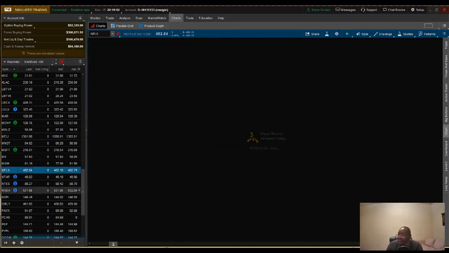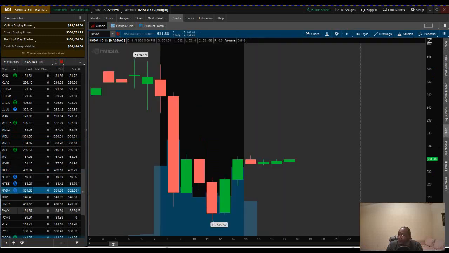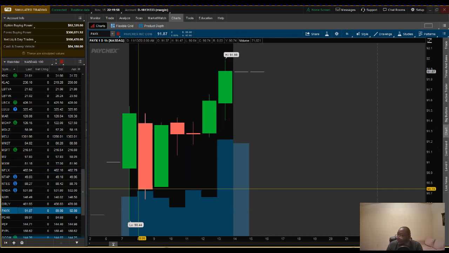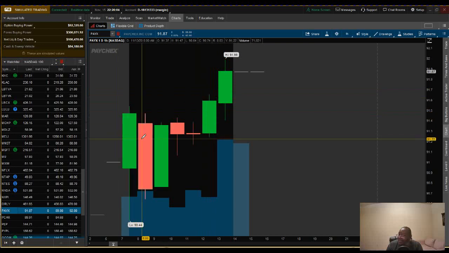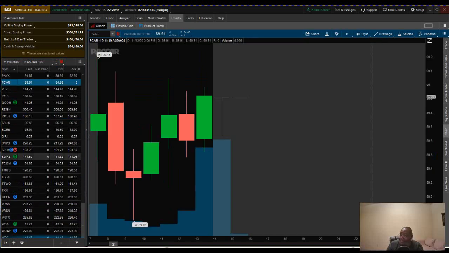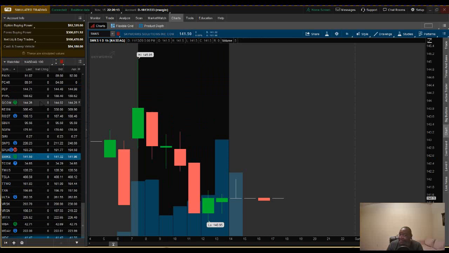Let's look. Got a few examples here. So you're seeing how the stock is behaving within that day, every hour. You can definitely make decisions just by this alone.